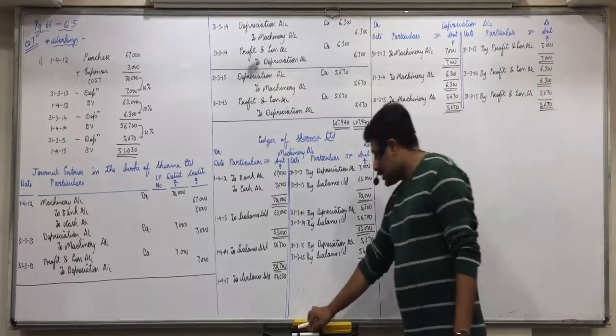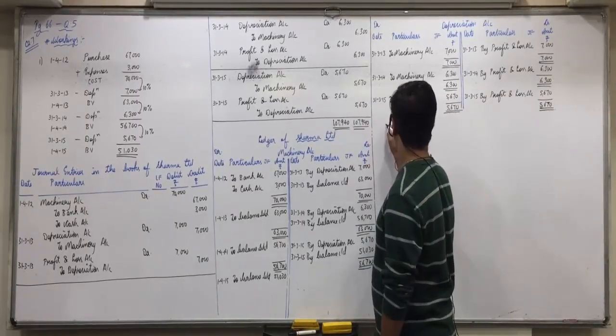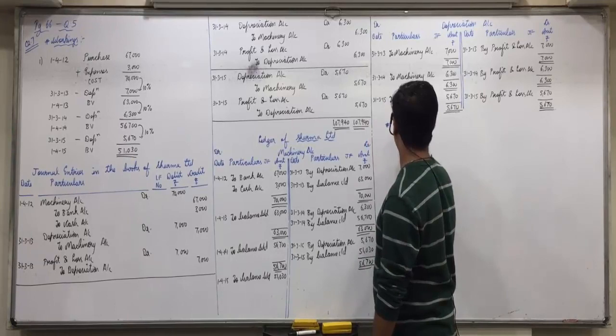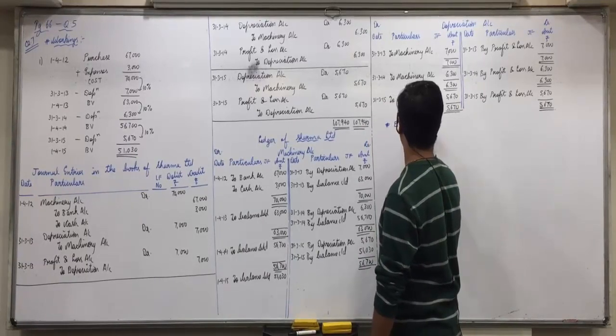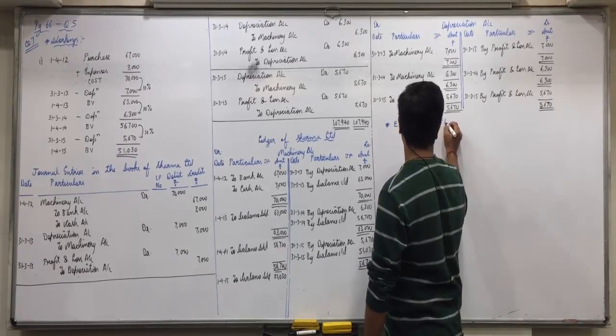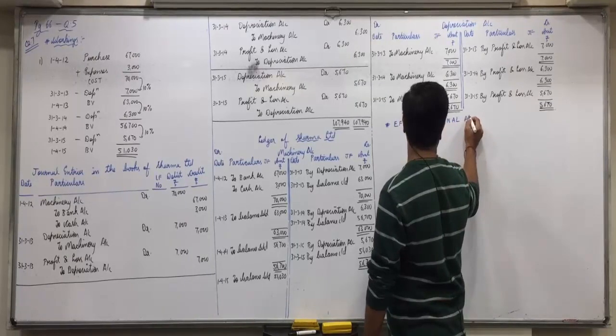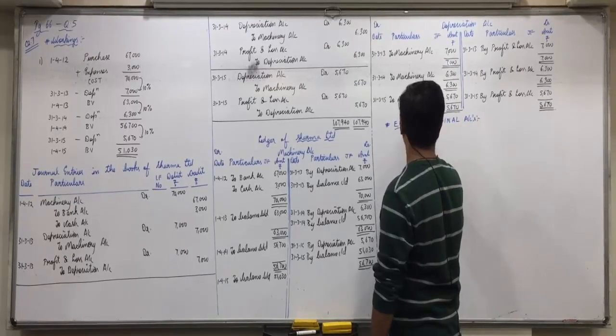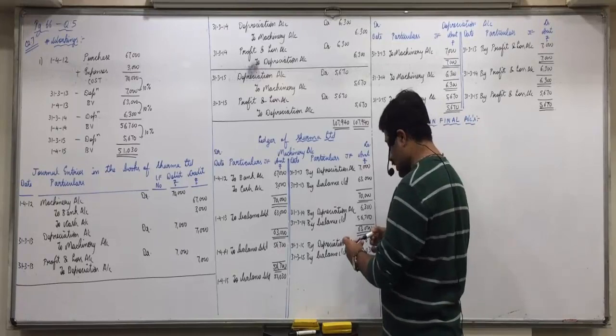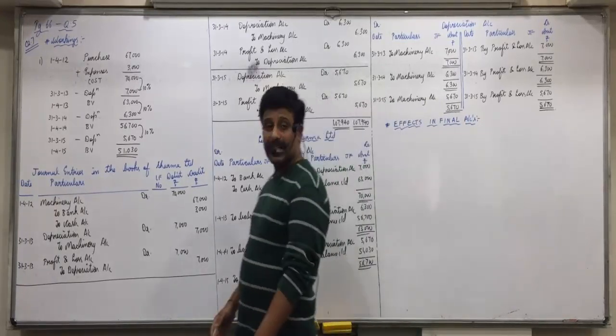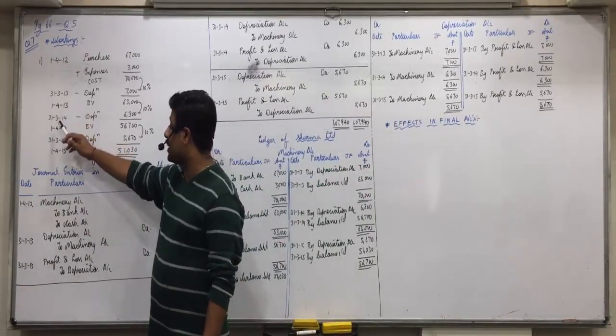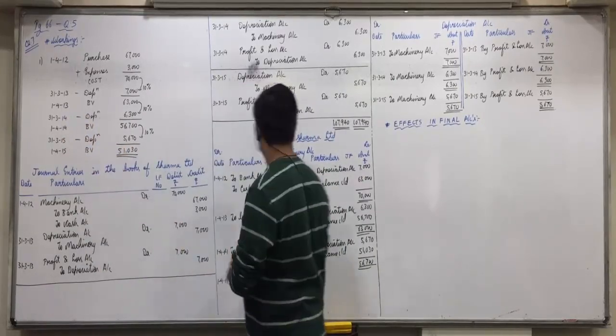And lastly, what is asked? Effects in final accounts, but for 2 years. I'll explain it and you can continue writing it. 2 years means periods ended: first year ending 31/3/13 and second year ending 31/3/14.